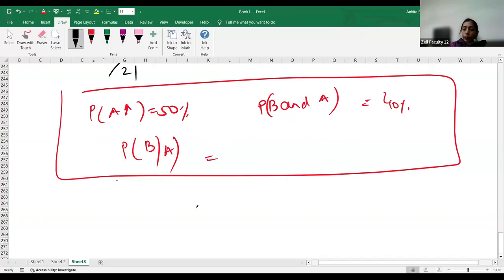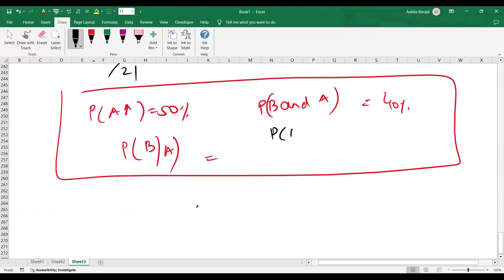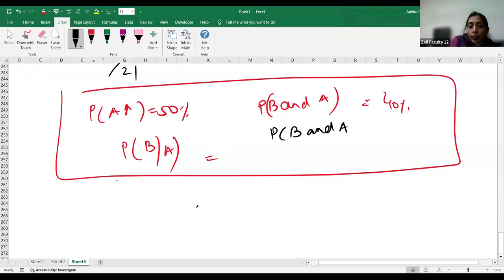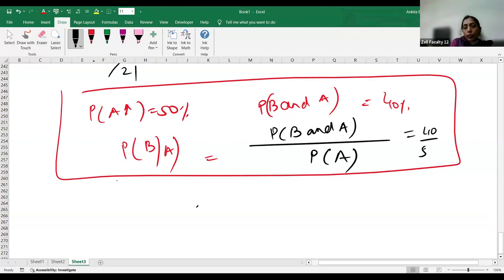The probability of B given A would be probability of B and A divided by probability of A. So we'll have 40 divided by 50. That is how much? 90%. So the probability that B will increase given A has increased is equal to 90%.